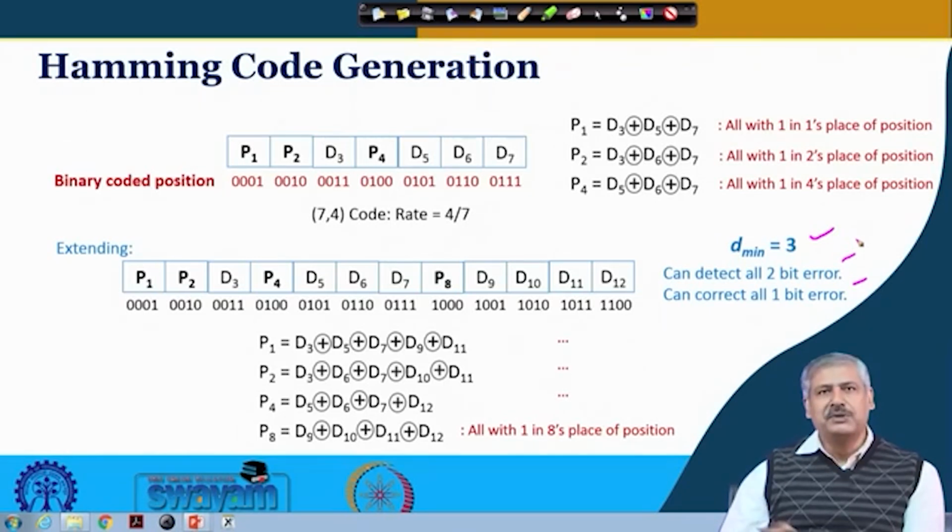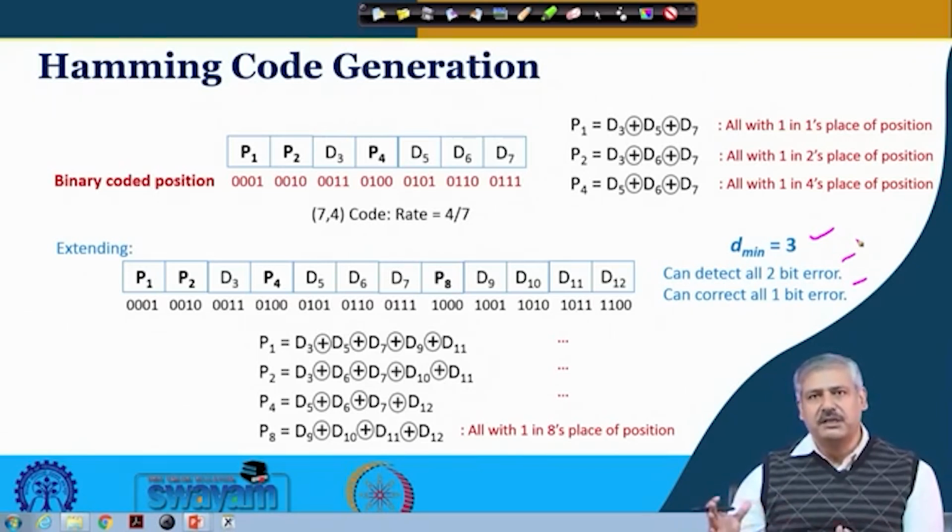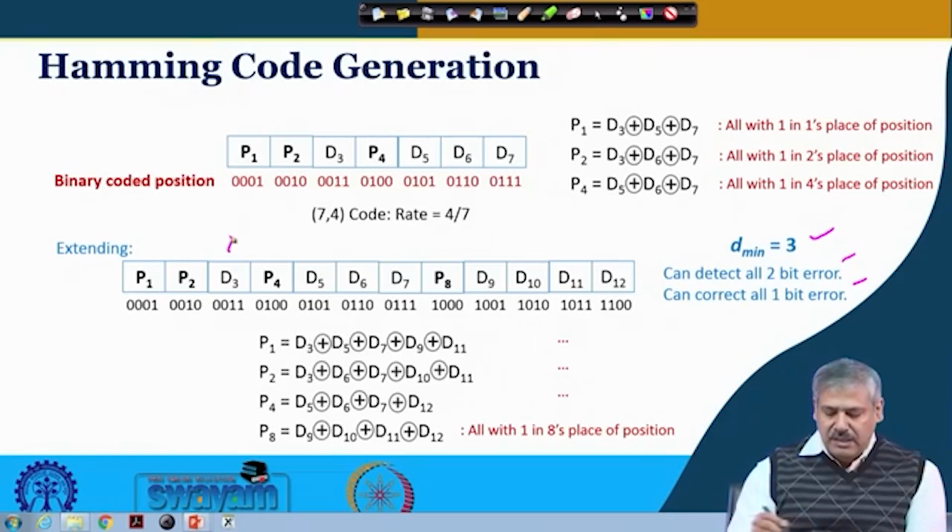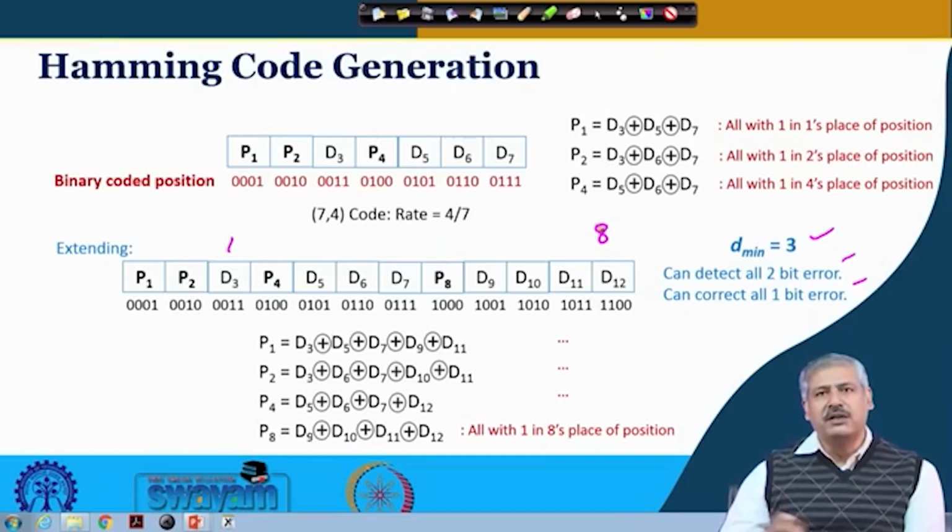And of course, what you can understand is that we are actually increasing the length of the message, the length of the data. Out of this, the useful data is 8, and P is what you are introducing.